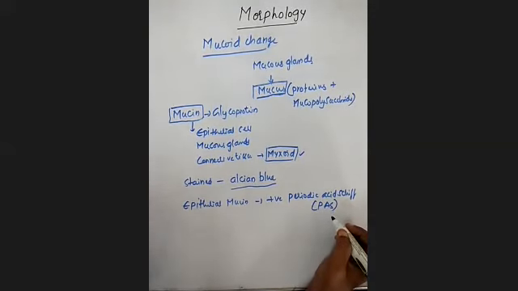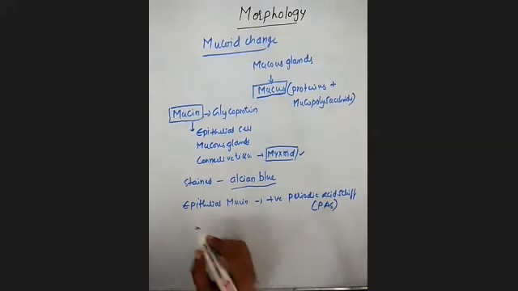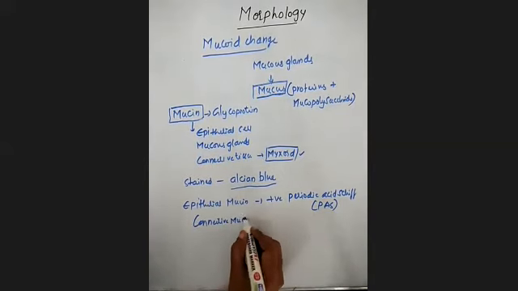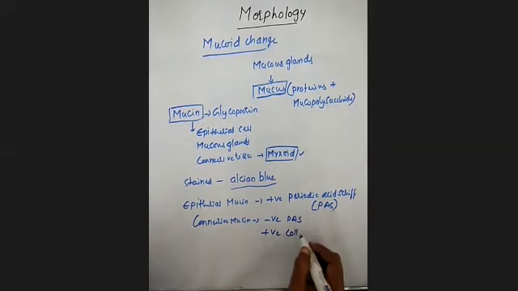This epithelial mucin is stained positive with periodic acid Schiff. But the connective mucin is negative with PAS, but it is positive with colloidal iron.